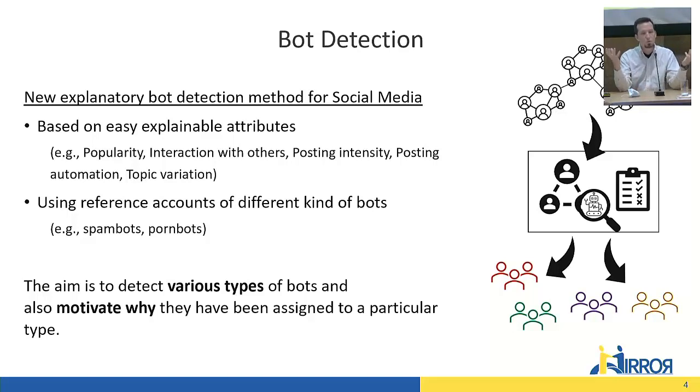And the idea is to use these two things and detect various types of bots based on the similarity of the patterns of behavior that we found in the accounts to the ones that we already know. And also, based on the most distinguishable features of these accounts, motivate why they have been assigned to a particular class or type.